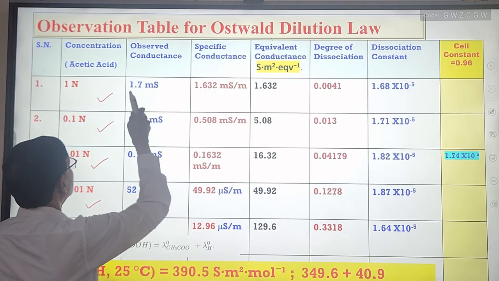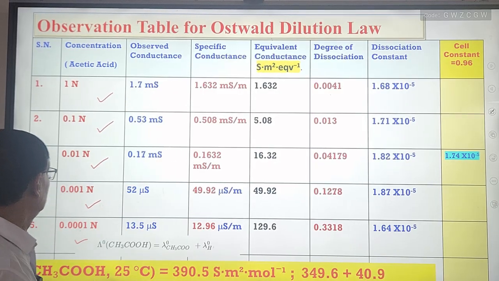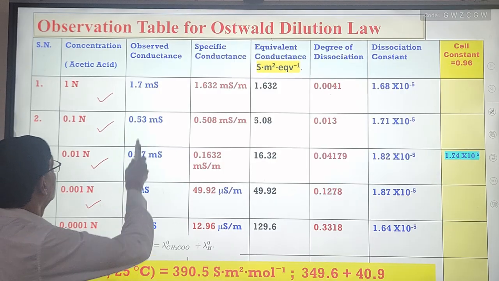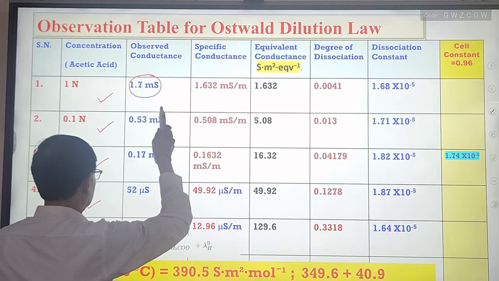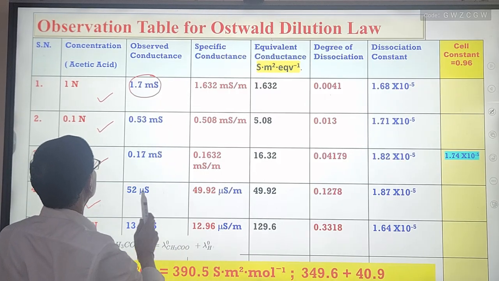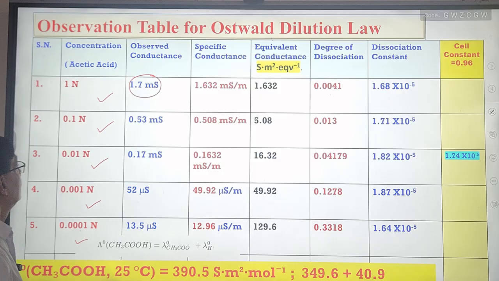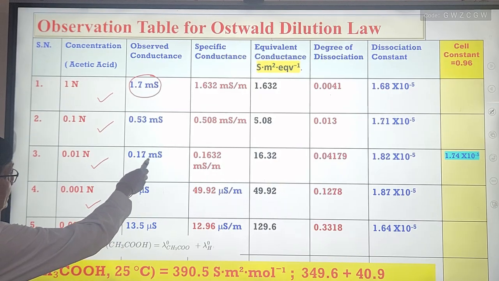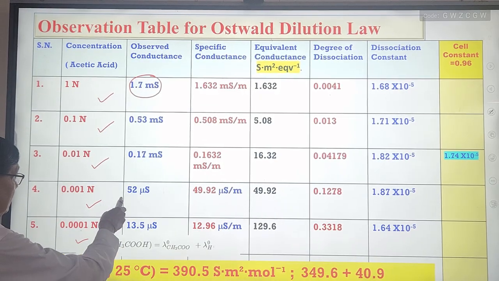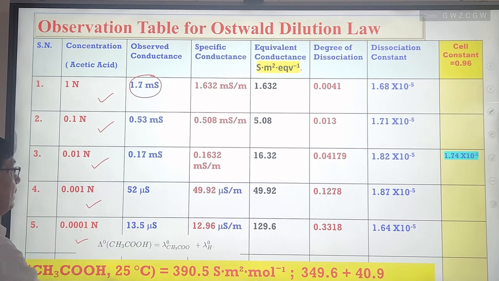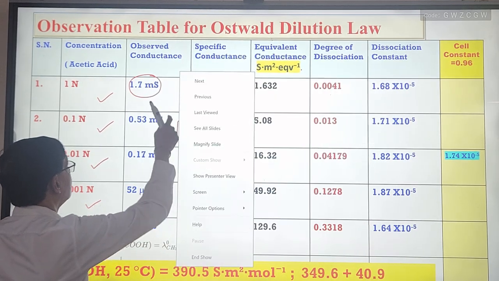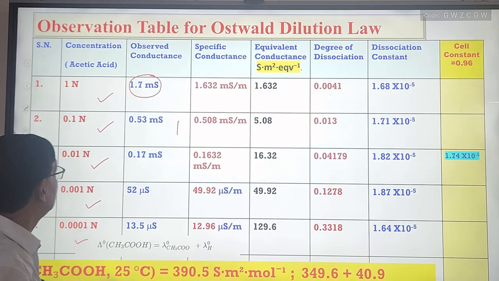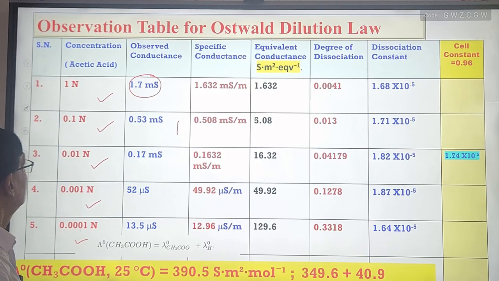There may be some problem, so we must check these values. It must be 17, then 0.17, then 52. This is microsiemens, and this is 13 point microsiemens. So there is a decrease in the values.